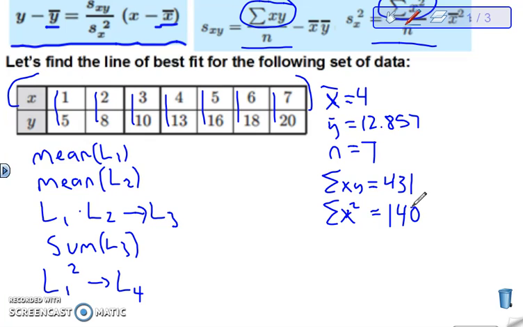We just need to go in and find our two variances, right? So remember we said that standard deviation is the normal formula. Standard deviation squared gives you variance. When you see the S with the X and Y together, that is called your covariance, because it is the variance of X and Y combined.